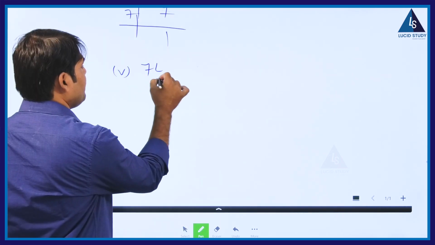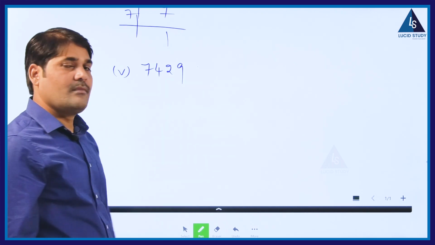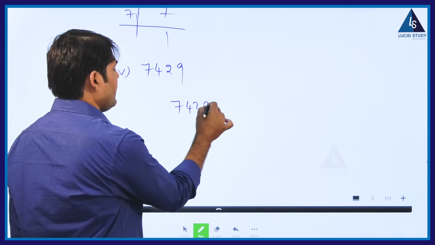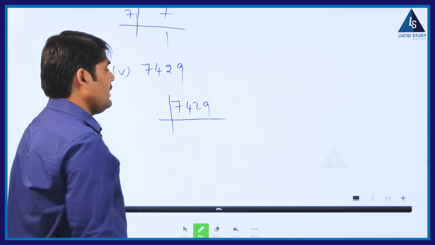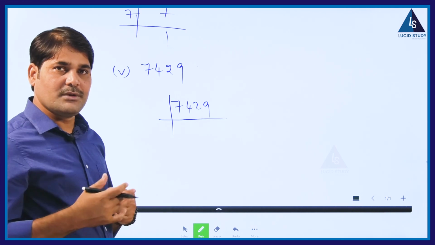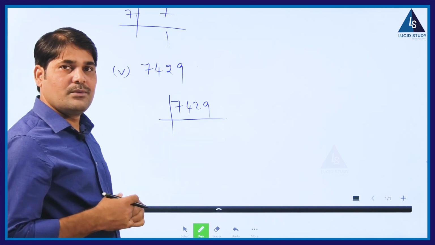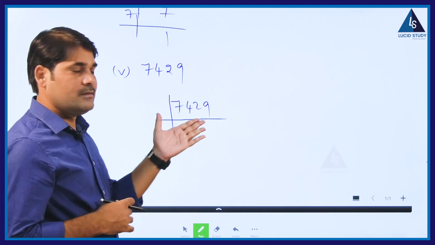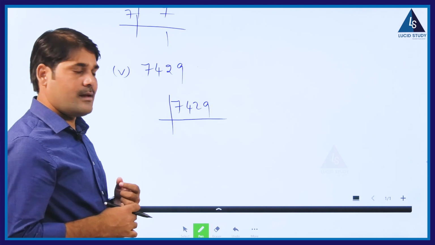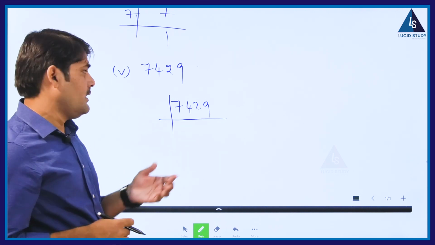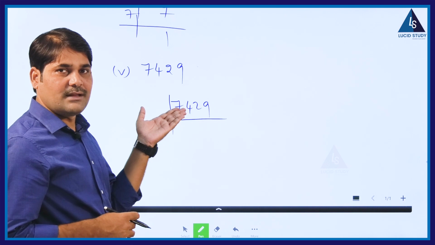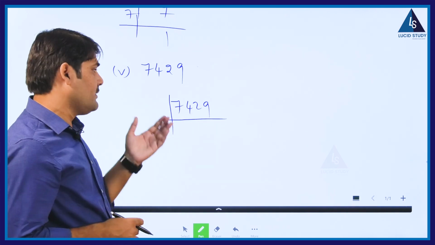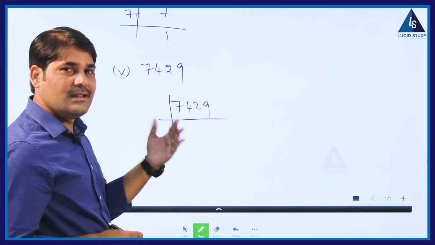The next question is 7429. Now you need to check which table it is divisible by. It is not divisible by 2, right? Because it is not an even number. Is it divisible by 3? It is not divisible by 3 because the sum of the digits is not divisible by 3. Is it divisible by 7? No. 11? No. We need to check all these numbers.